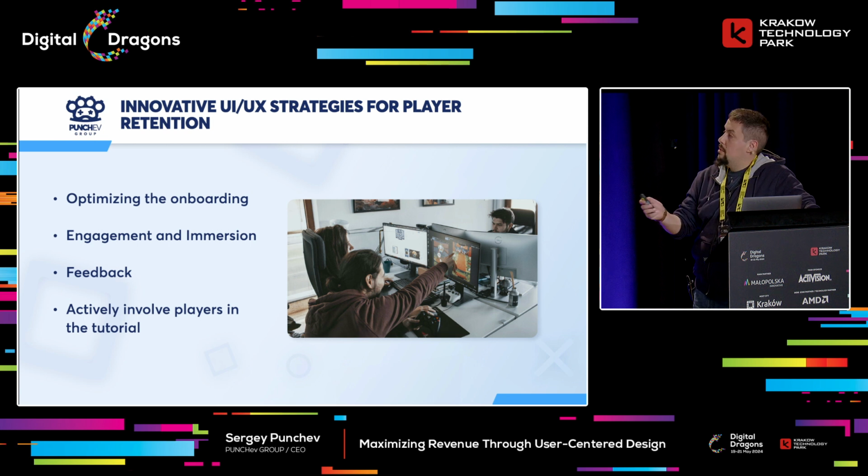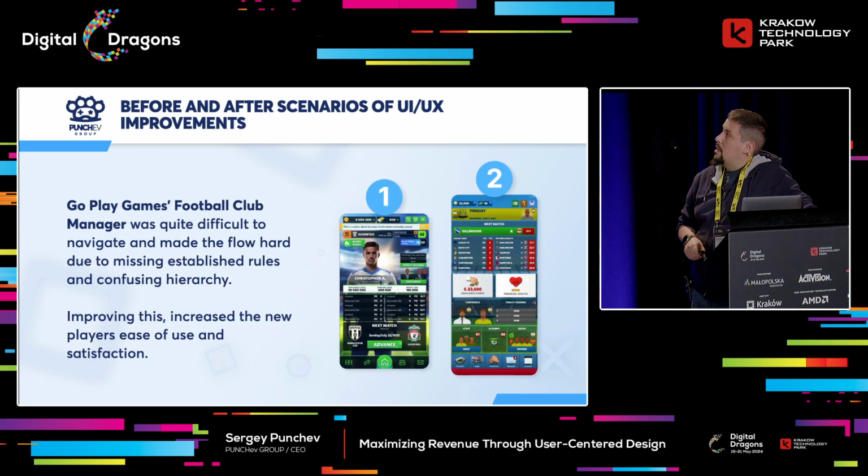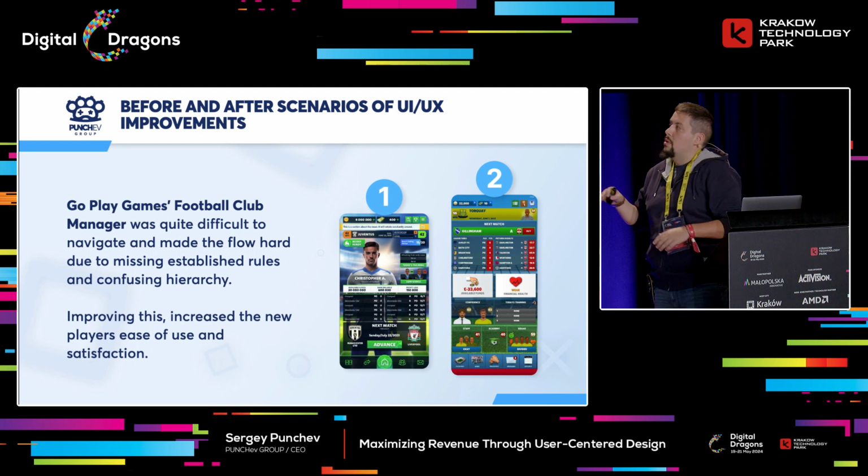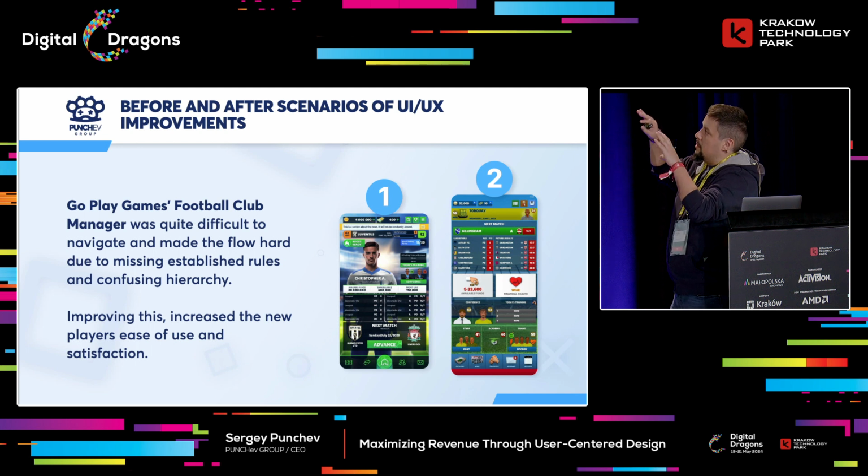And the next thing is another example, of course. This was a football manager game for Go Play Games, right? So this is a very data-heavy UI. This is exactly what I saw before. Their problem was putting lots of information in single screens without dividing it into logical chunks.